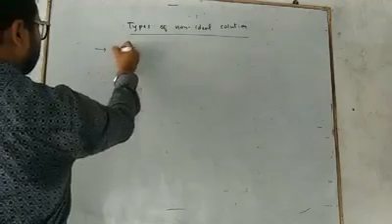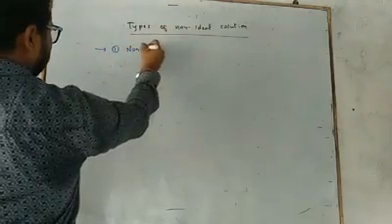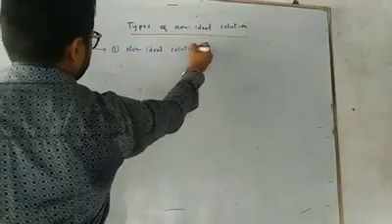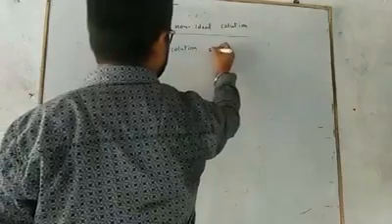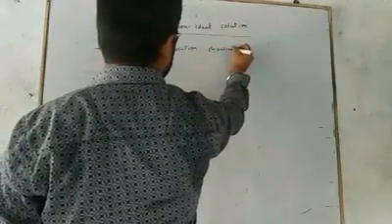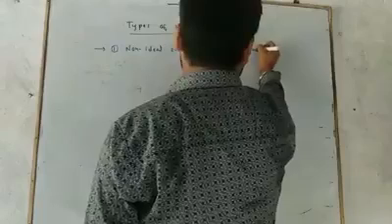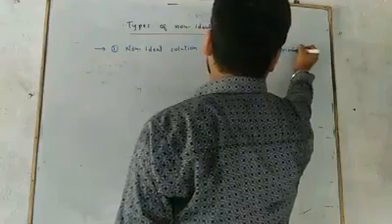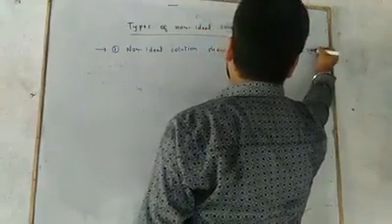First one is non-ideal solution showing negative deviation from Raoult's law.